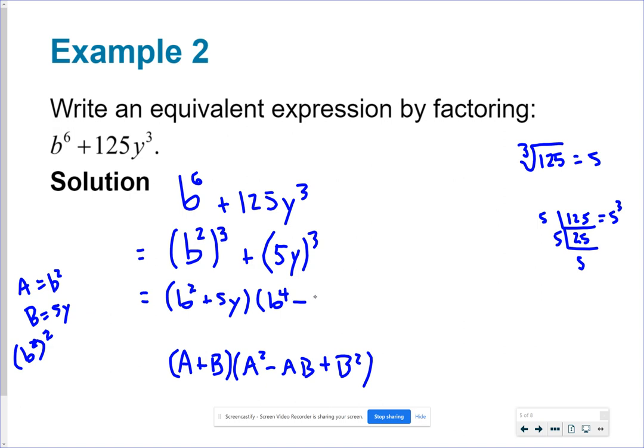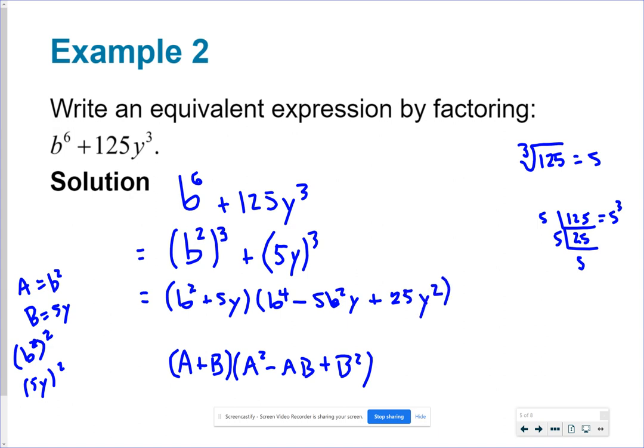minus, we're going to do a times b, and I'll just switch the order a little bit so that my coefficient is in the front. So 5y times b squared, and then plus capital B squared is going to be 5y squared. So we have to square the 5, and we have to square the y.